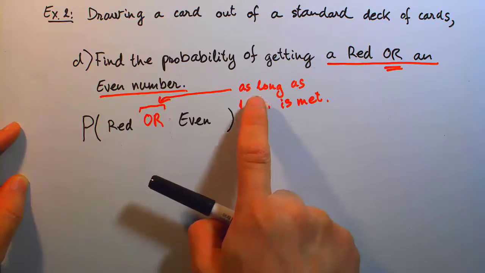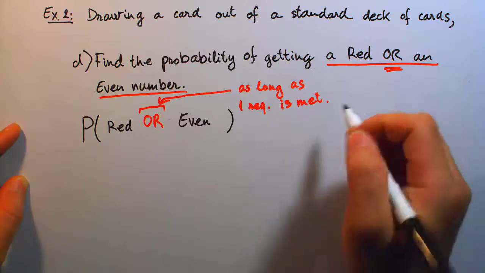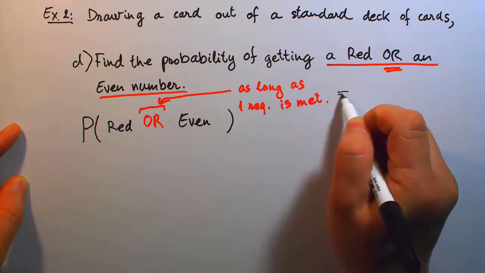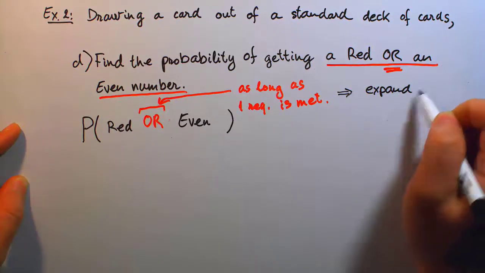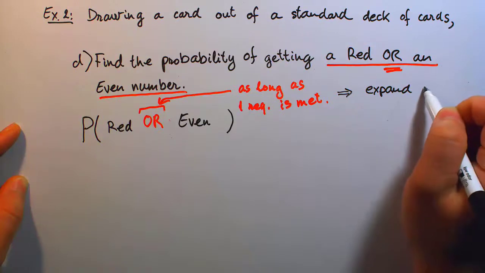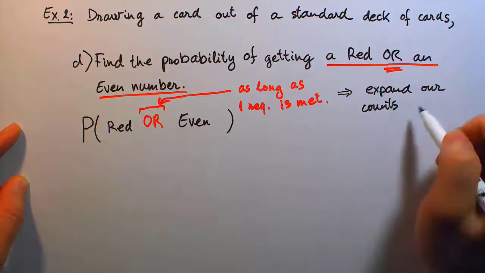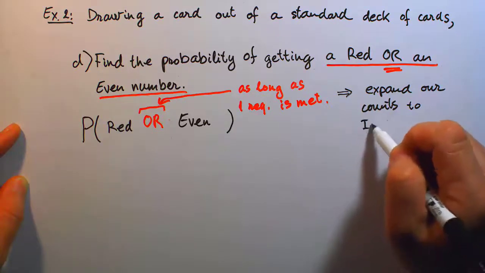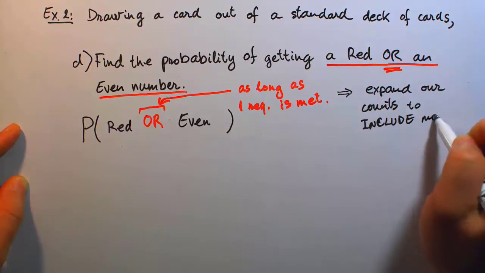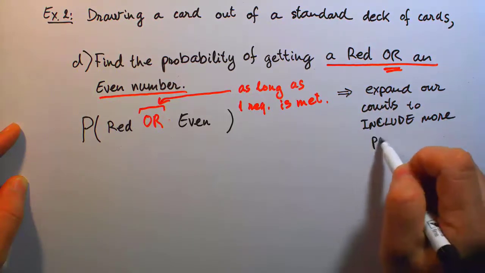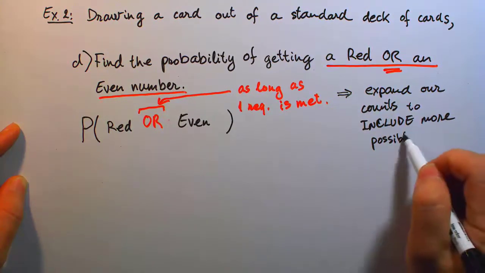If we look at this way of saying as long as one requirement is met, it actually has a further impact. It means we expand our count to include more possibilities. You can pause the video and think of what I'm saying here.